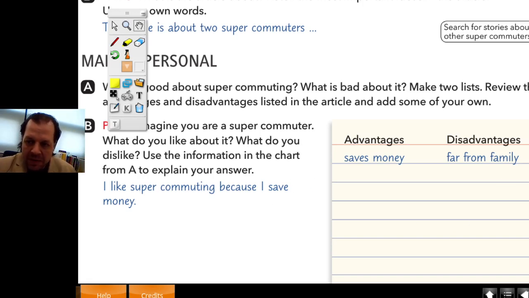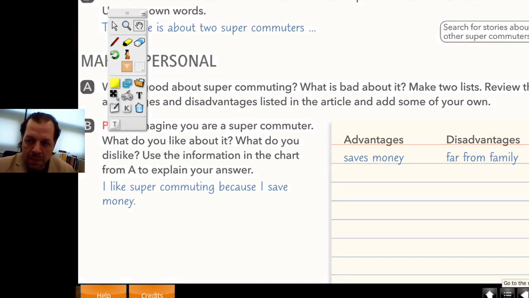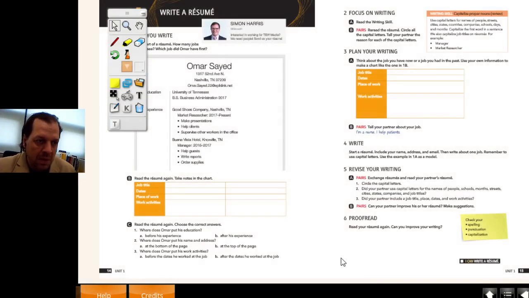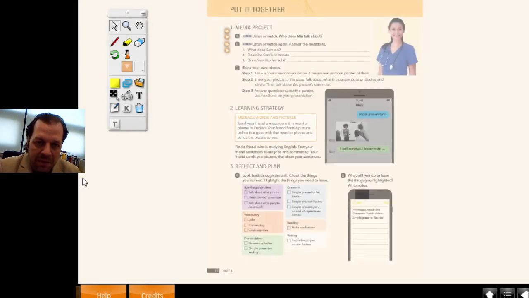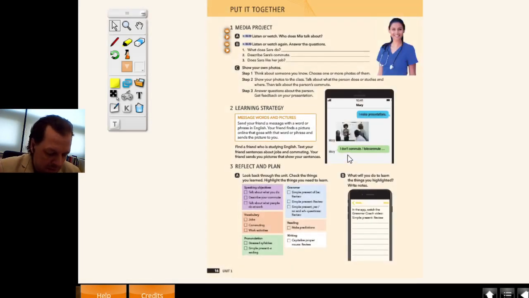As for the next page, okay, lesson 5 is a writing section, and finally, after the writing section, we have a put it together media project.